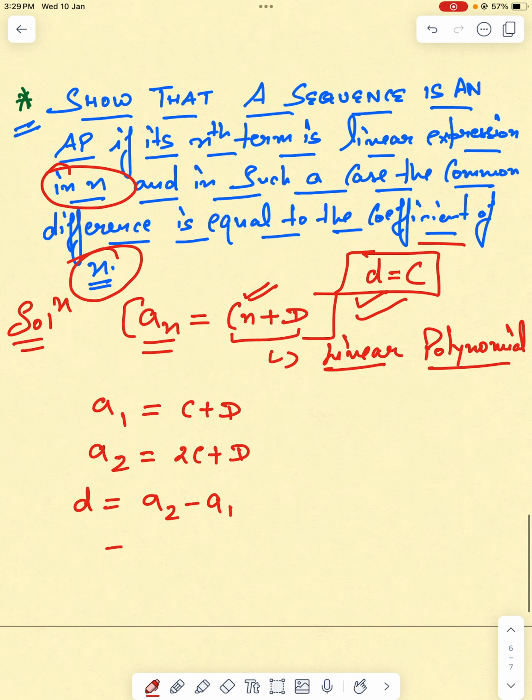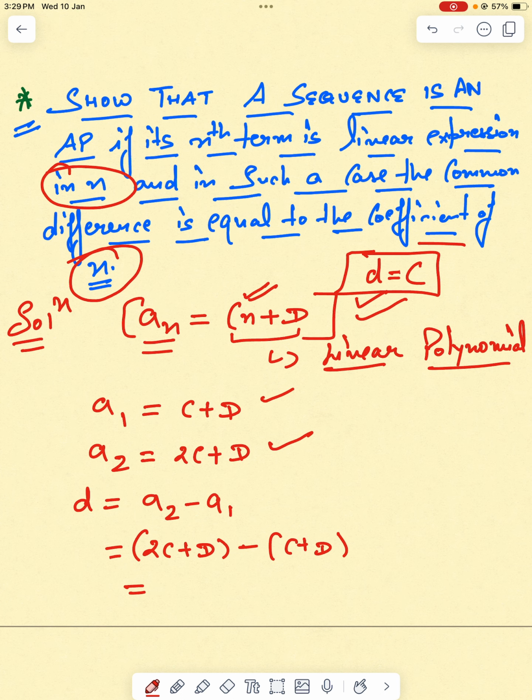So your a2 is equal to 2C plus D. Put the value of a2 here and put the value of a1 here, C plus D. What will you get? You will get D cancelled. 2C minus C is C, so D is equal to C, which is true.